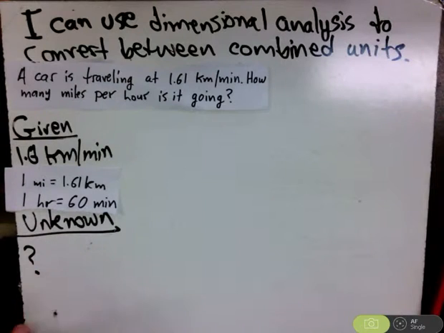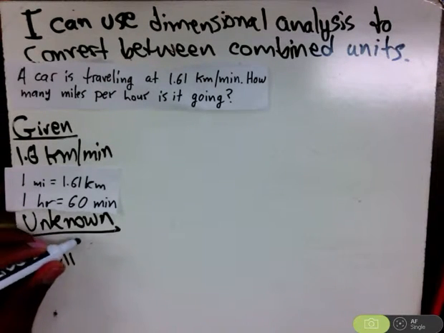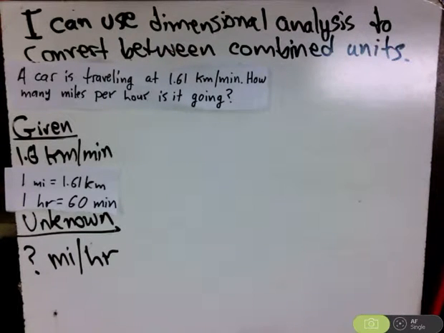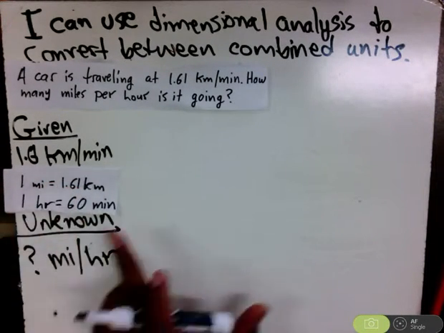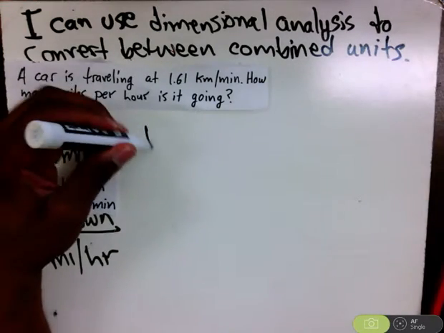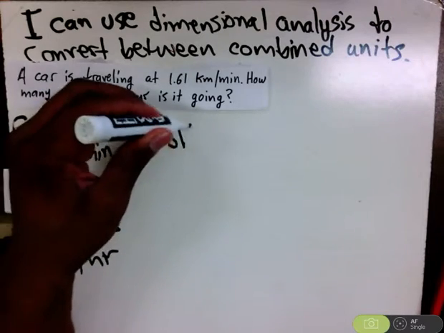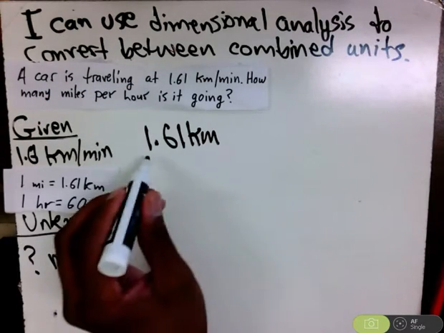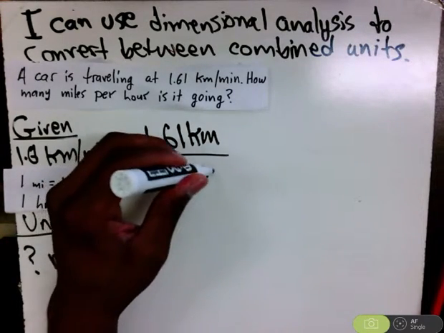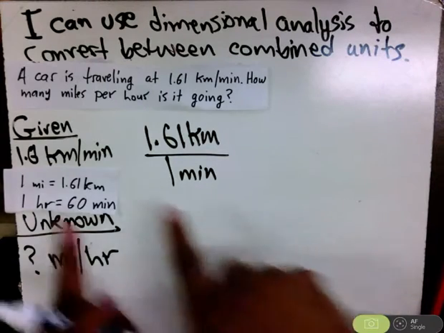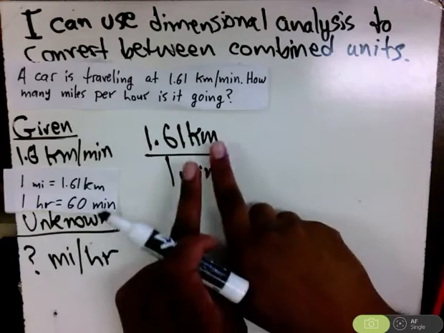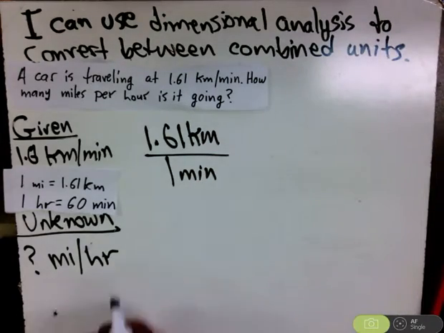First step, we start with our given quantity, turn it into a fraction. 1.61 kilometers over 1 minute. This minute goes here because I have it in the denominator. That's the numerator, that's the denominator. Okay, 1.61 kilometers per minute.